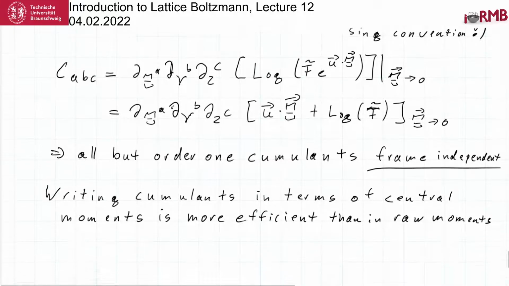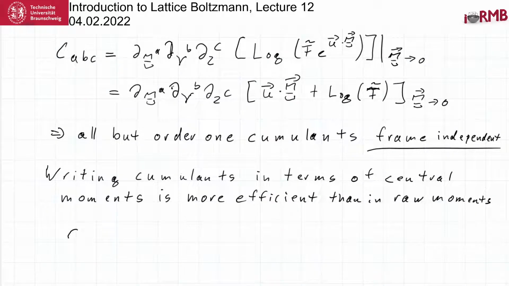The reason for this is as follows. This is in particular the case for high order cumulants, but I'm showing it only for the second order cumulants for brief discussion here.